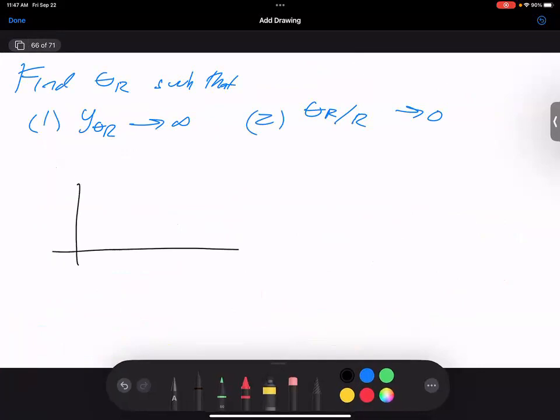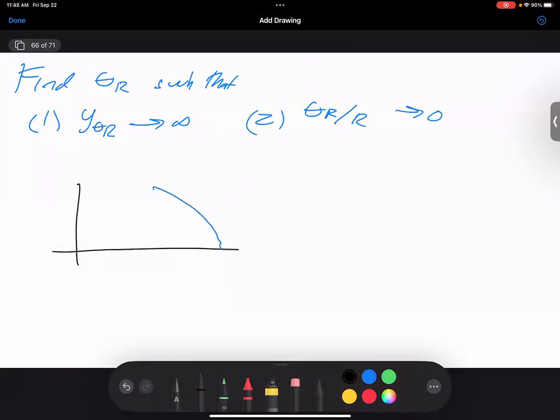And so if you're trying to think about what's going on, here's my minus r, so plus r. Here's my theta r, here's my y. So can somebody tell me what y theta r equals? So r sine theta r, almost.